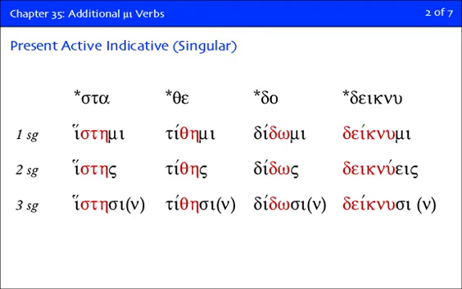Go one column to the left and look at tithemi. Tithemi is a representative mi verb of mi verbs whose roots end in an epsilon. Do goes to dido, goes to didomi, and in the same way, the goes to tithe, goes to tithemi.